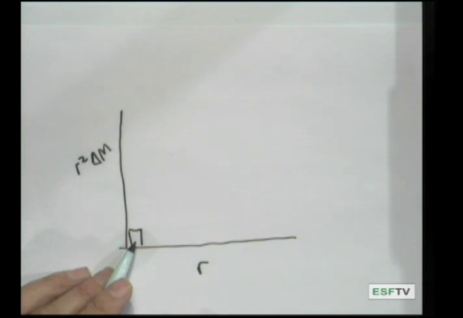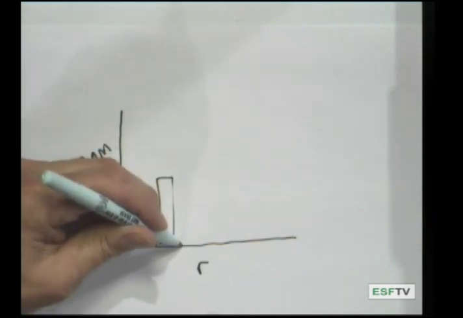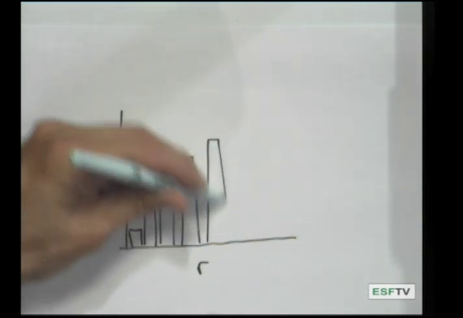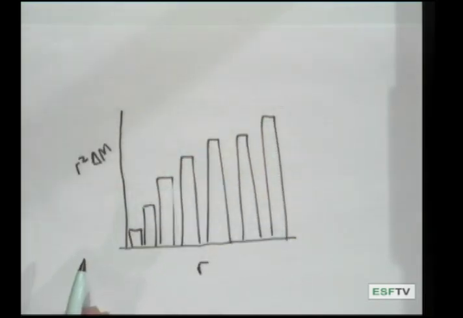Why? Because the radius is small, and also the mass enclosed in there is small as well. And what we'll find is that those will start to accumulate as we go to the outer part of the object, and that's going to accumulate to the total moment of inertia.